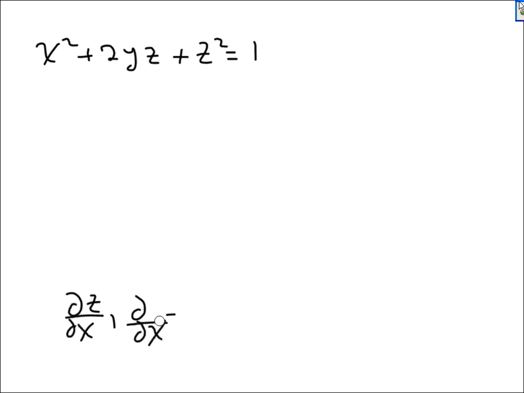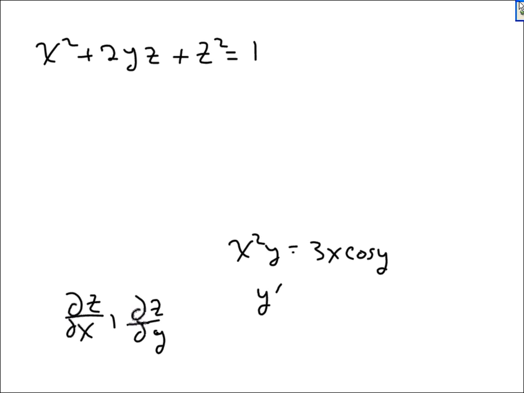I meant to say dz dy. Just like when you had x squared y is equal to 3x cosine of y, and they say find the derivative, they wanted you to find y prime.